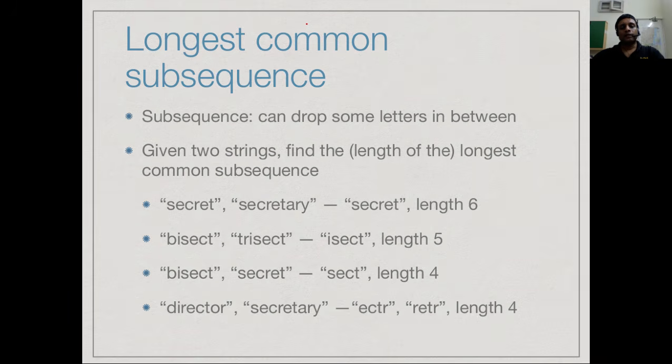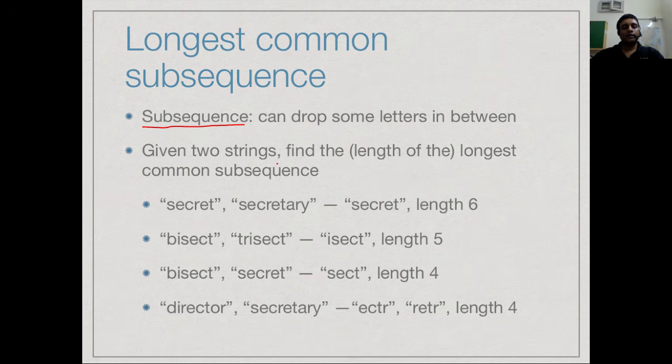So we can now look at a slightly more general problem than longest common subword, and one which is more interesting computationally. What if we don't look for an exact match, but we allow ourselves to drop some letters? So we have a subsequence, not a subword, which allows us to drop some letters, and now we want to know, after dropping some letters, what is the longest match we can find.